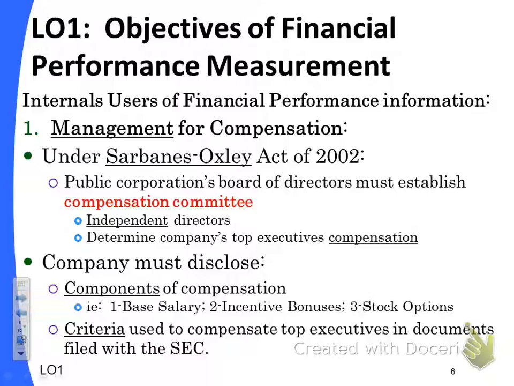So they have to outline what the base salary is, if there's any sort of stock incentives or incentive bonuses. They use a lot of those compensation packages to reward the executives, and they have to be filed and reported to the Securities and Exchange Commission, the SEC.